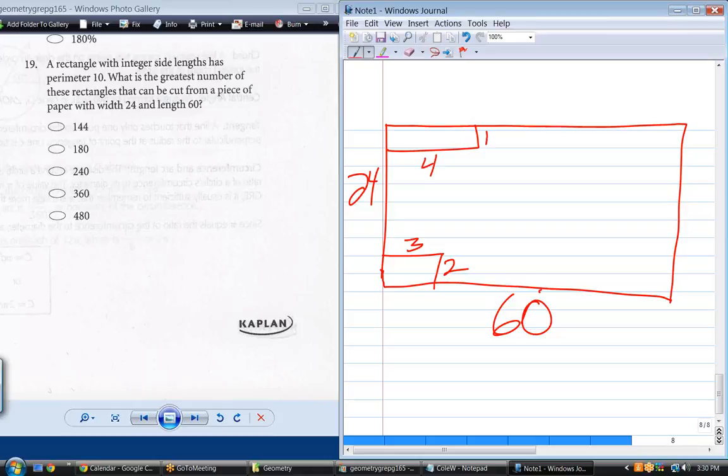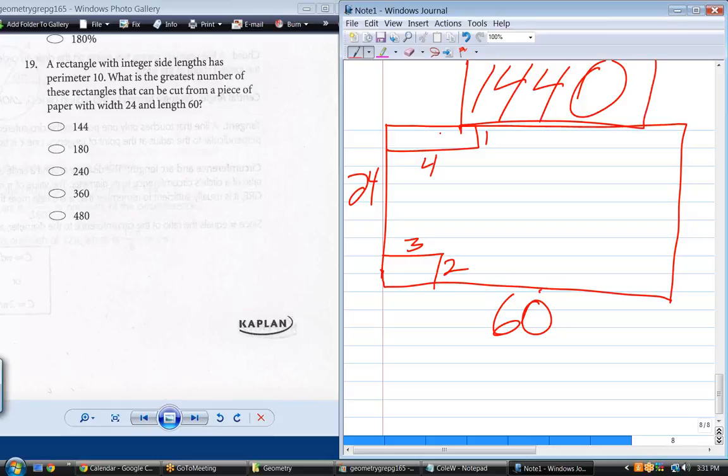Well, how about we take the total area of the big rectangle, which is divided by the total area of each one. There's the area of the big rectangle. 6 times 24 is 144. Add a 0 for the 60. So there's my total area.